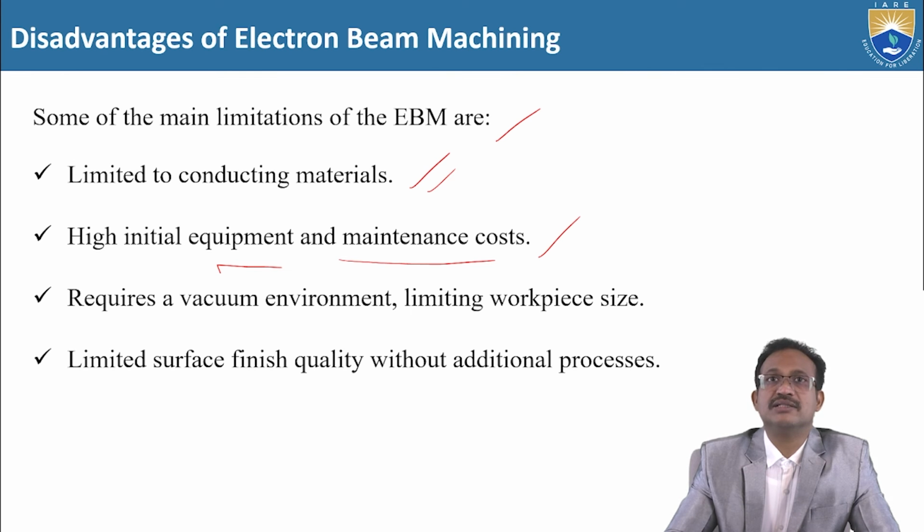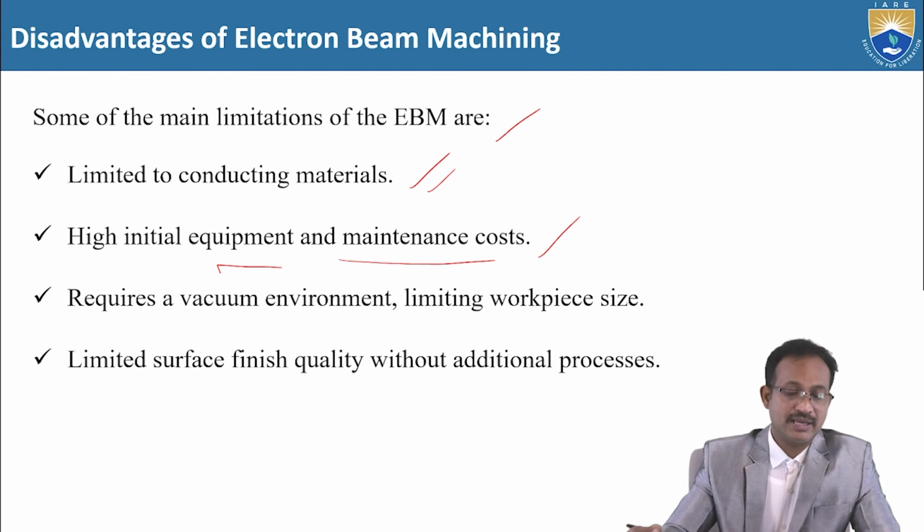If it is a specialized design for automobiles, we have to go with electron beam machining. Otherwise, we better not go with it. Particularly for medical and other specialized engineering applications, we have to go with electron beam machining.